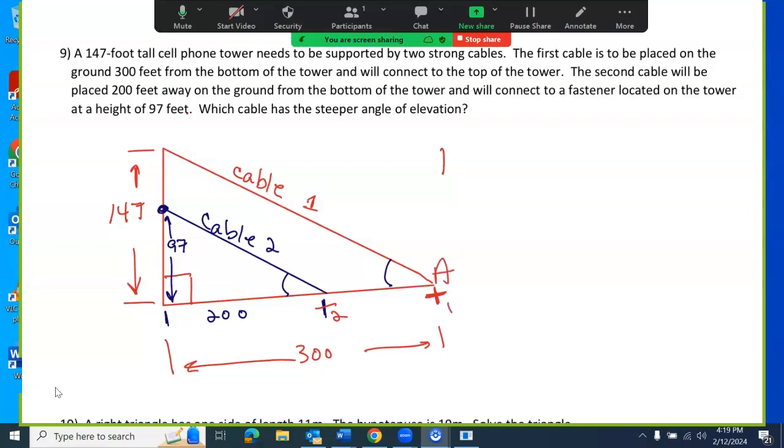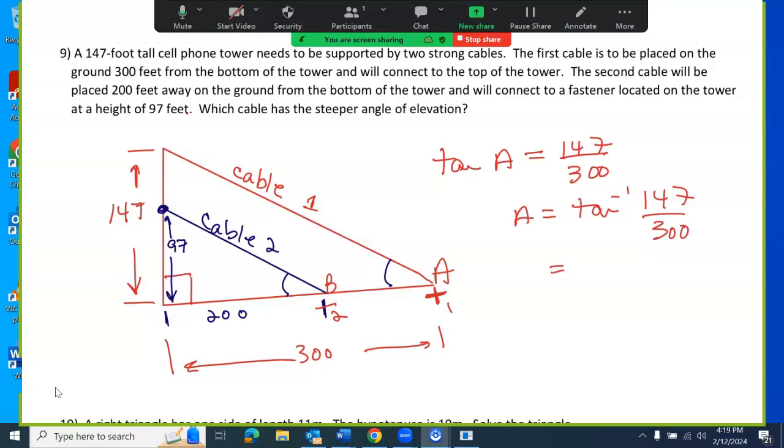Let's call this A and this B. Okay, so I'm going to say the tan of angle A is going to equal 147 over 300. So A will be the inverse of that fraction. And so I'm going to get an angle. So angle A is going to be 26.1 degrees.